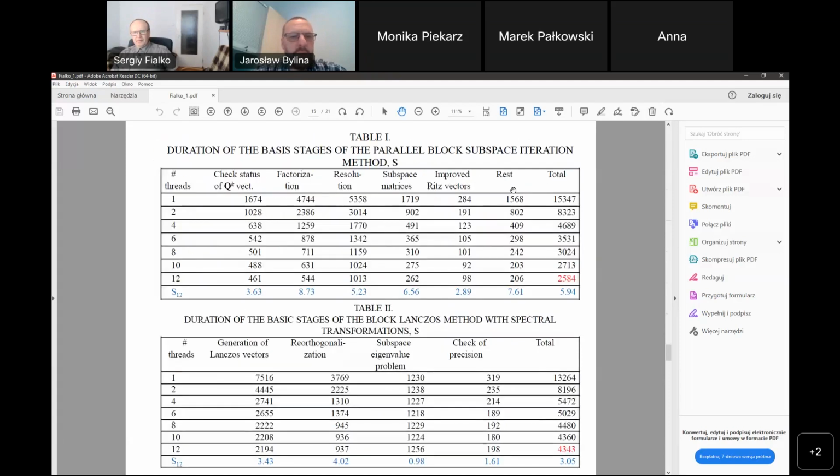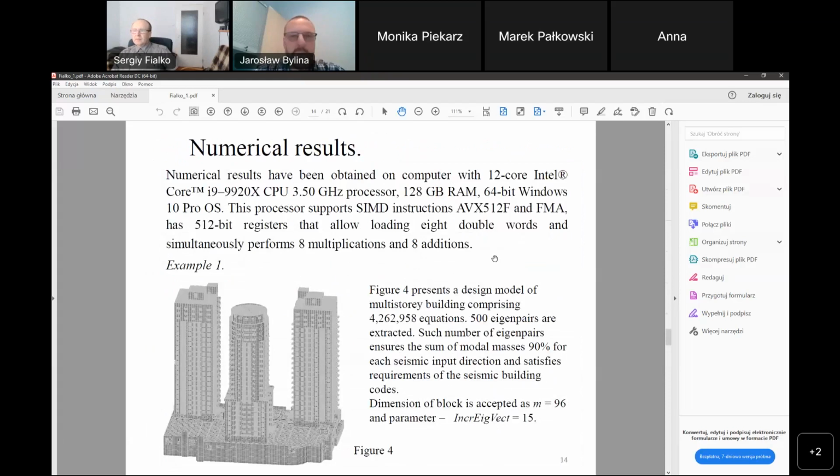And my question is, have you used more threads than cores? Because you have said only 12 threads. My question is about hyperthreading. Is it sensible?